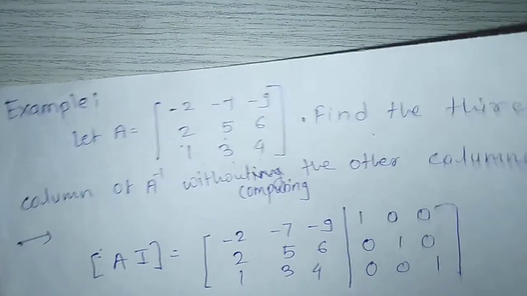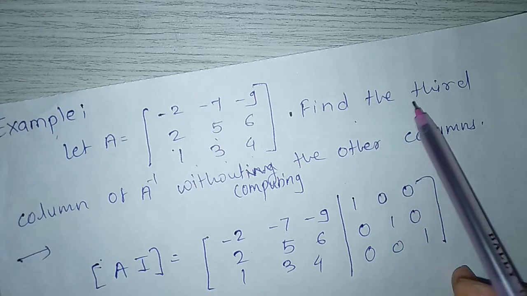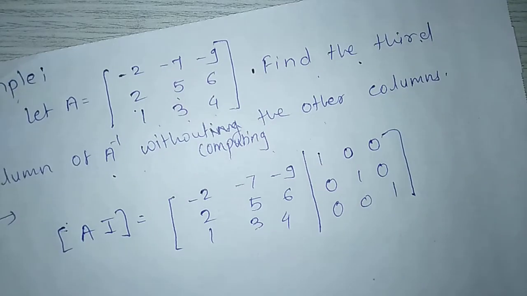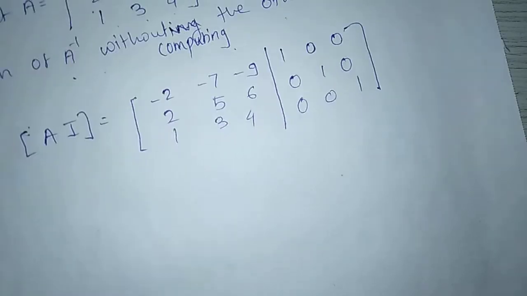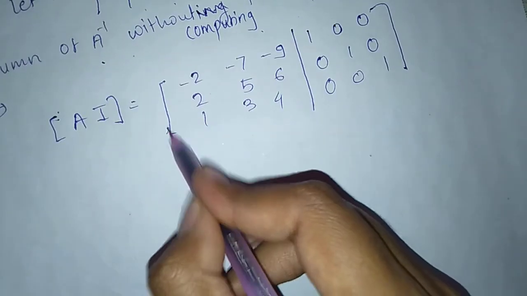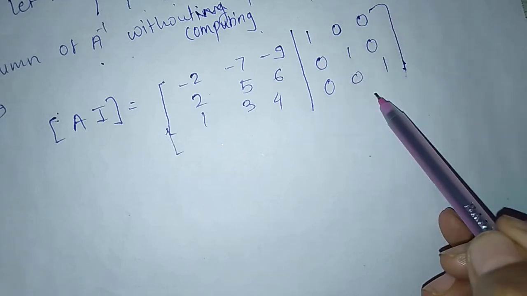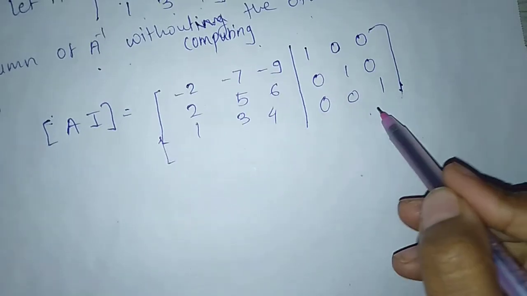Here in the example, we have to find the third column of A inverse without computing the other columns. When we change this matrix to the identity matrix, the resultant matrix is A inverse. Therefore, the third column of A inverse is nothing but this.